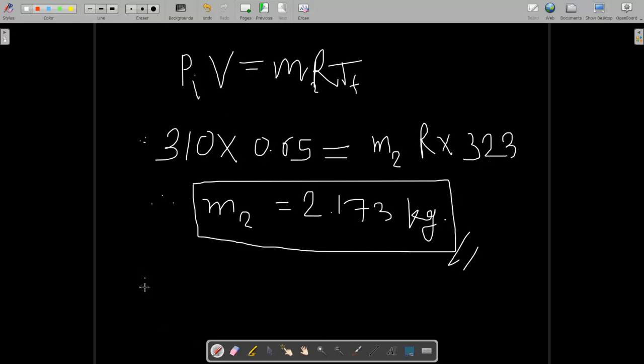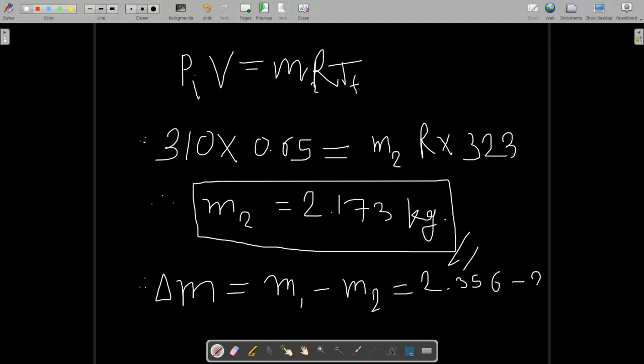So how much mass have we extracted? That is the initial mass minus the final mass. The initial mass is 2.356 minus the final mass 2.173. If you take the difference, you will find 0.182 kg.